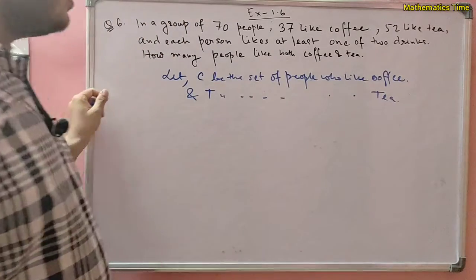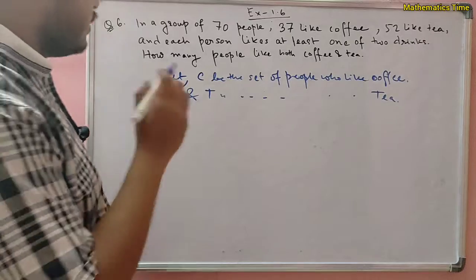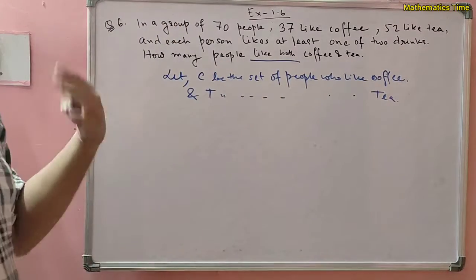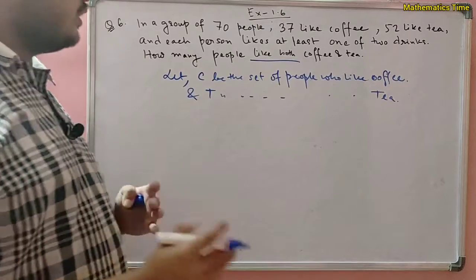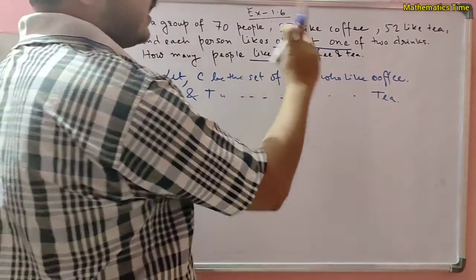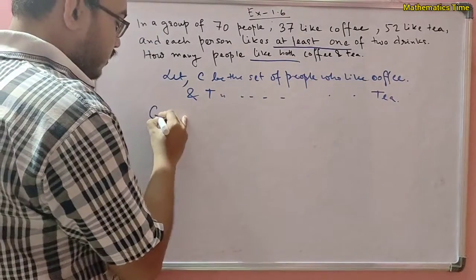So what is the difference between the previous problem and this problem? Here we have to find how many people like both coffee and tea, and in the previous problem we had to find at least one. Here, at least one is given. So you have to remember what is given.